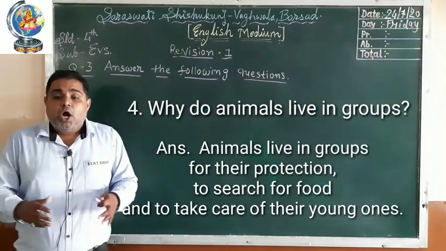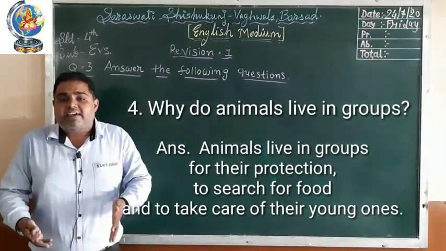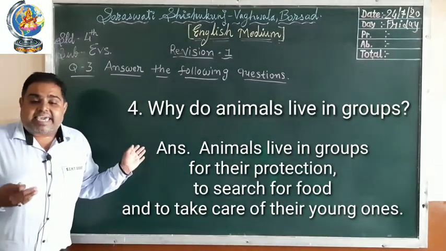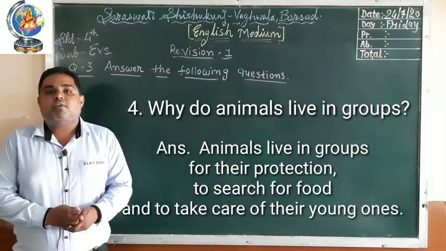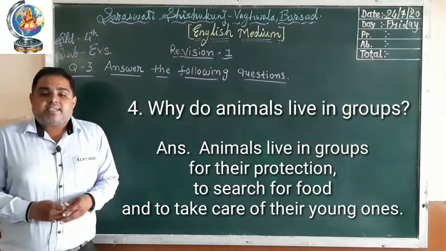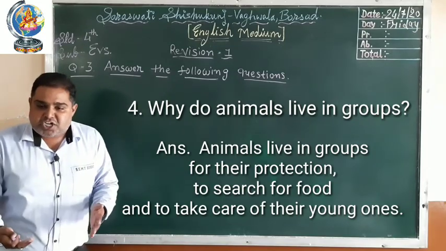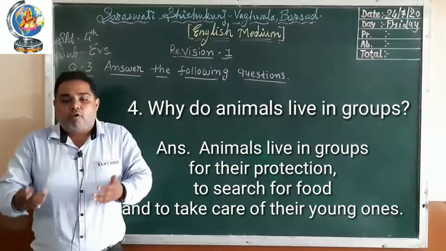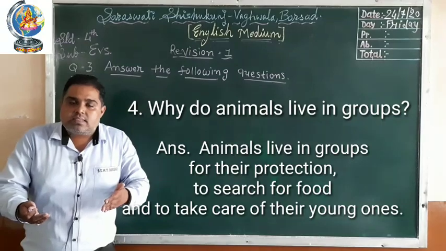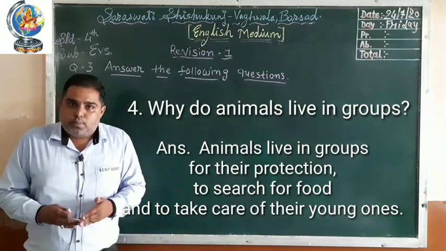Another reason is to search for food, because they always go in search of food in groups, and to take care of their young ones. Young ones means very little animals. So animals live in groups for their protection, to search for food, and to take care of their young ones.